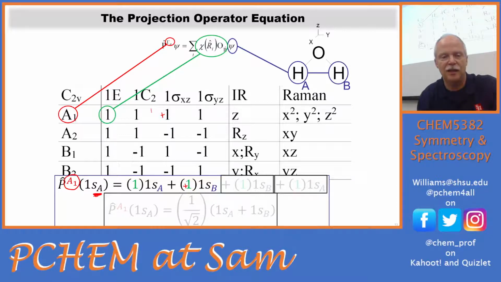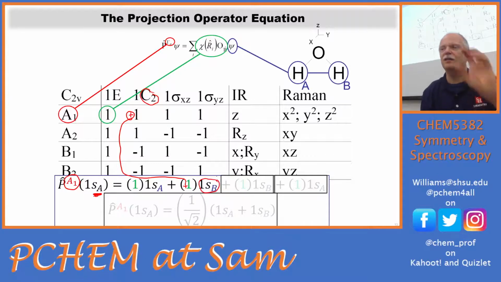But this is actually C2, sorry, we're doing the C2 next. It's this one. So this +1 comes down here to this one. But the C2 has moved the 1s on atom A over to 1s on atom B. So the C2 moves it over to atom B. Does everybody see that? Okay.